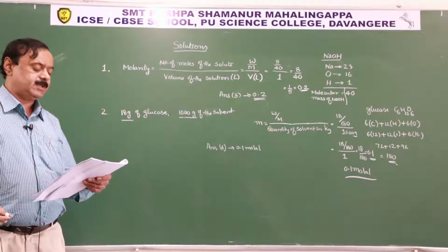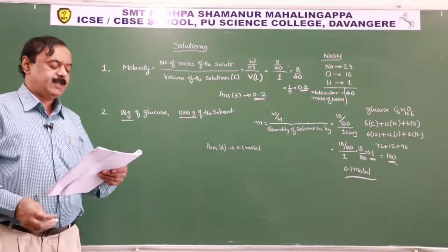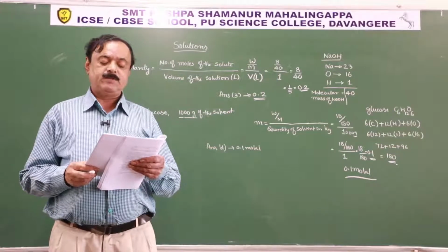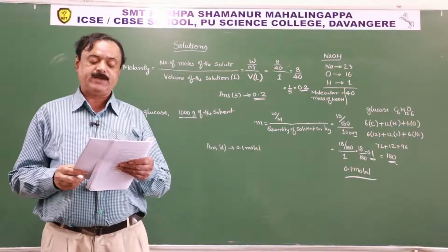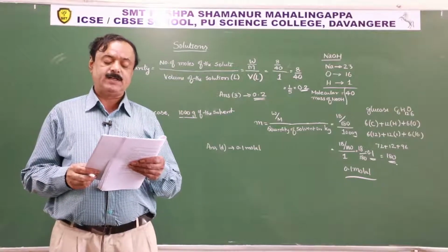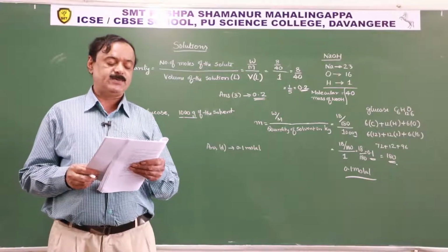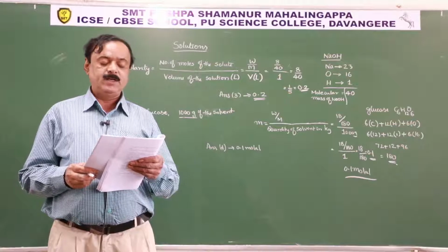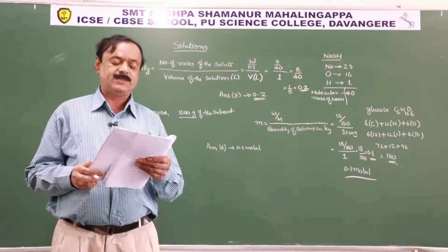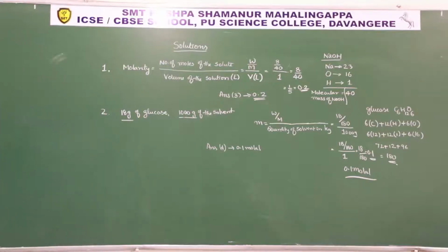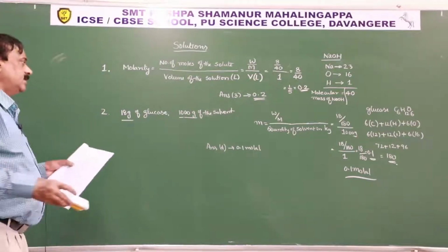Question number 3. The molarity of a solution of sodium chloride, within bracket the molecular weight is 58.5, in water containing 5.85 gram of sodium chloride in 500 ml of the solution is dash. Now again, this is a problem based upon the molarity of the solution.